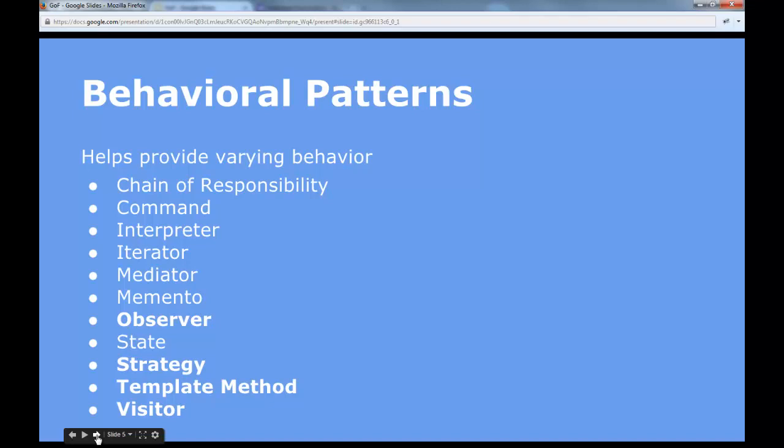And we also have behavioral patterns, where we get help to vary behavior depending on different factors. And we have talked about the observer pattern already. We did this in the architectural discussion of model view controller. And we will be talking about strategy, template method, and visitor.